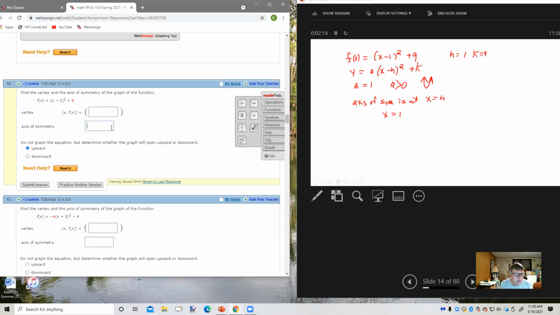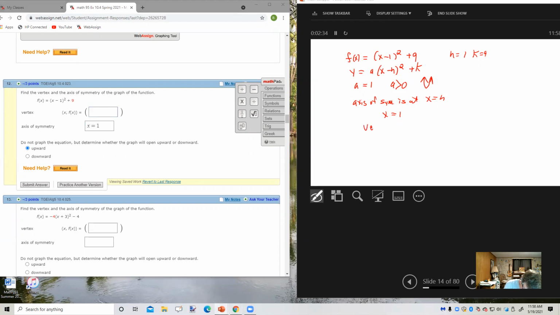So over here, I can't just put in 1. I've got to put in x equals 1. So that's that dotted line or dashed line, vertical line that goes through the graph that shows the symmetry. The vertex is at h, k. So the vertex would be at 1, 9.